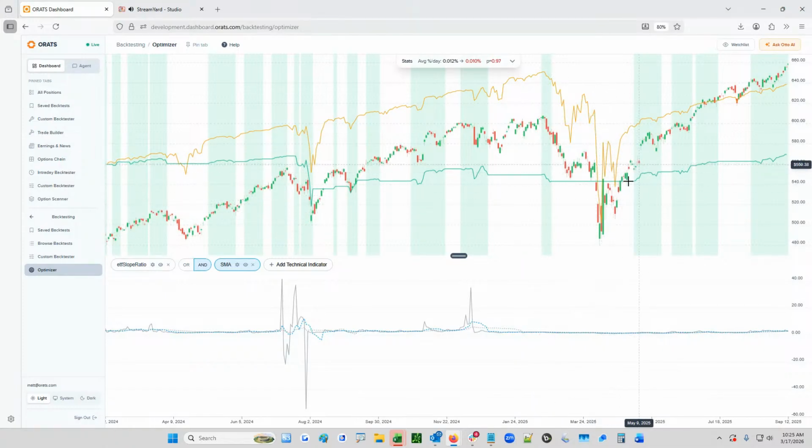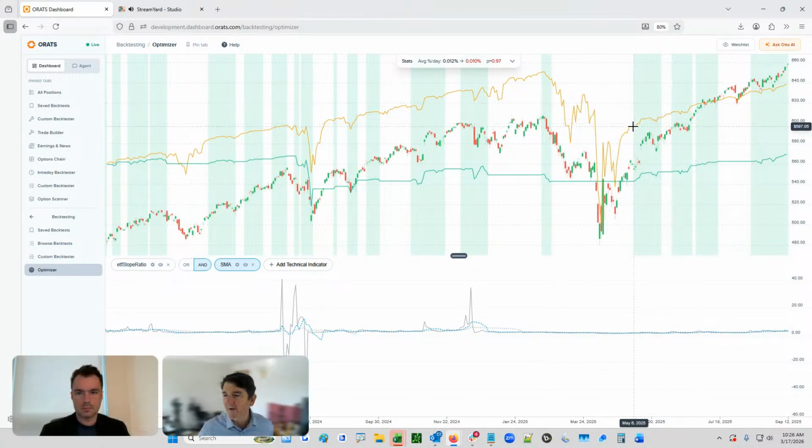Obviously, you missed all that, but there are head fakes, as we call them. This got us in okay, back in here. It got us out at a very good point, and got us back in at a good point. This is what you want, like this equity line right here. So yeah, it got us out of here, but let's look at some other crashes.